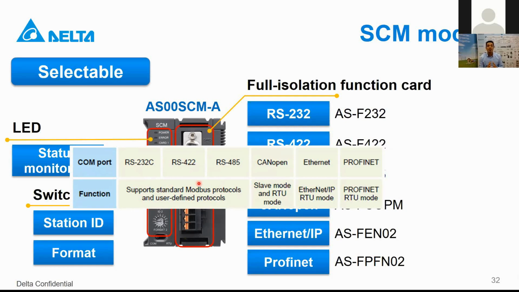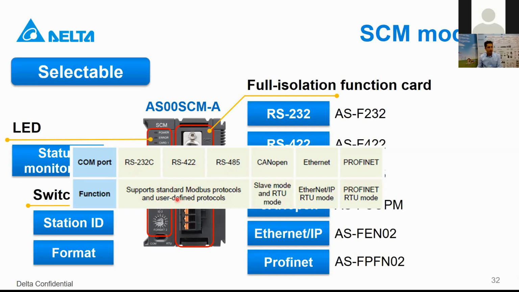These are not really industrial products, so they don't support standard Modbus. Then you need to define your own protocol, and these cards allow you to do it. So you can connect with a printer and send the data from the PLC to the printer with RS-232, for instance.